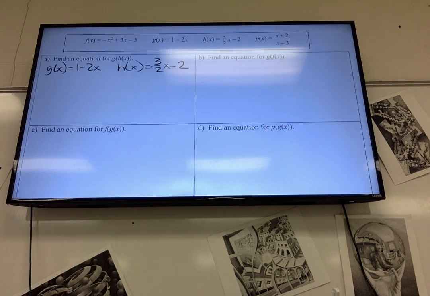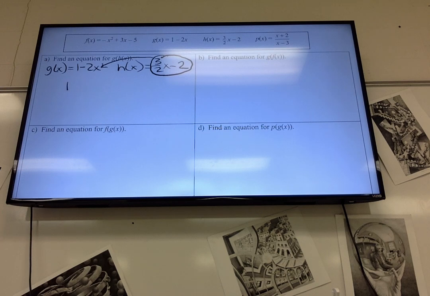So since h of x is inside, is the innermost parentheses, then I take what h of x is and I put it in place of the x on the other equation. So that's what that means. It means I put h of x inside g of x.